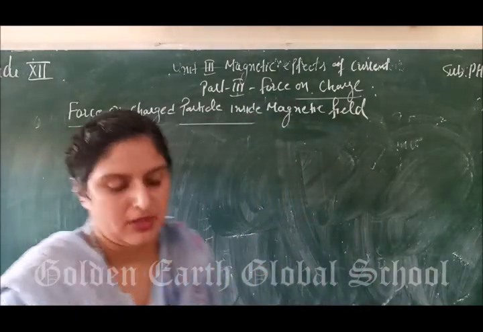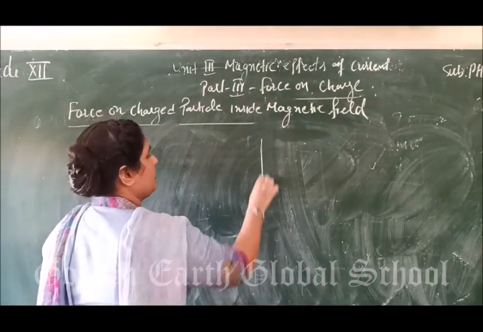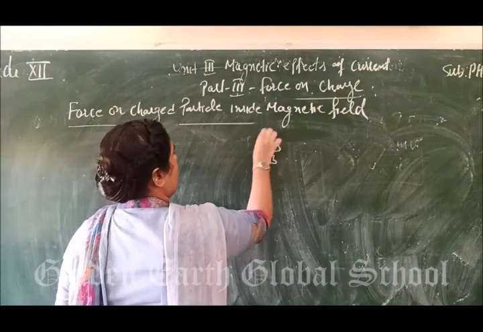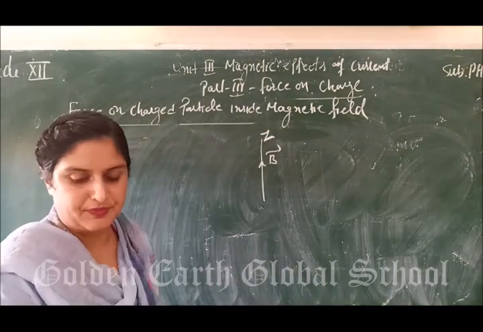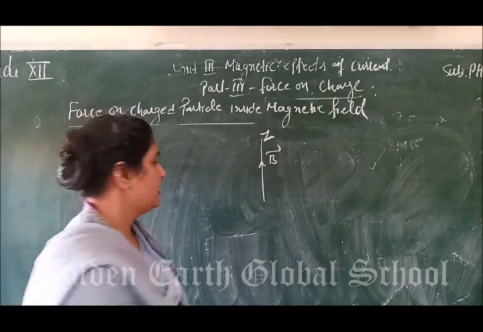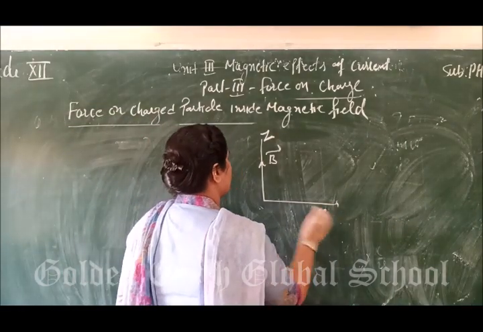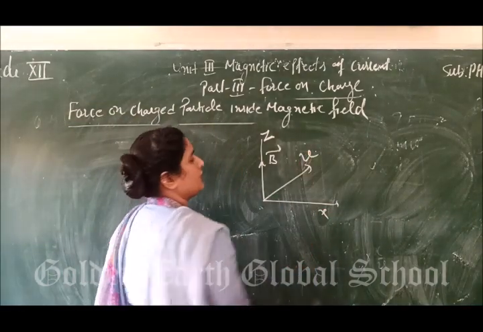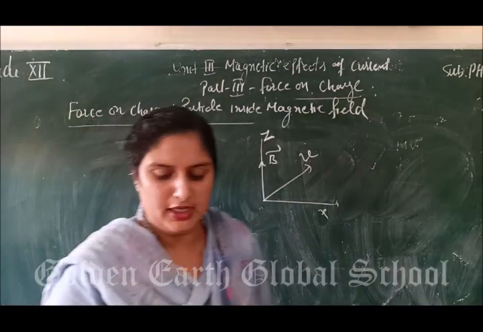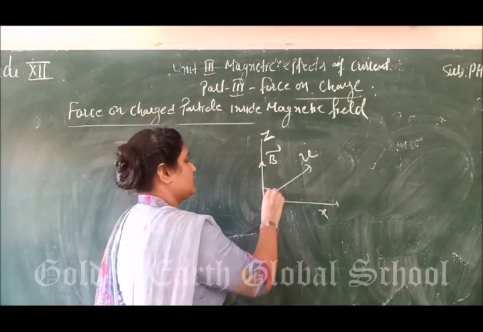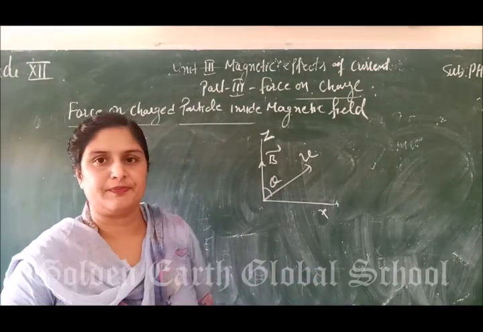Let us suppose we have applied a magnetic field B along the z-axis, and the particle is moving in the x-z plane with velocity v, making an angle theta with the direction of the magnetic field.